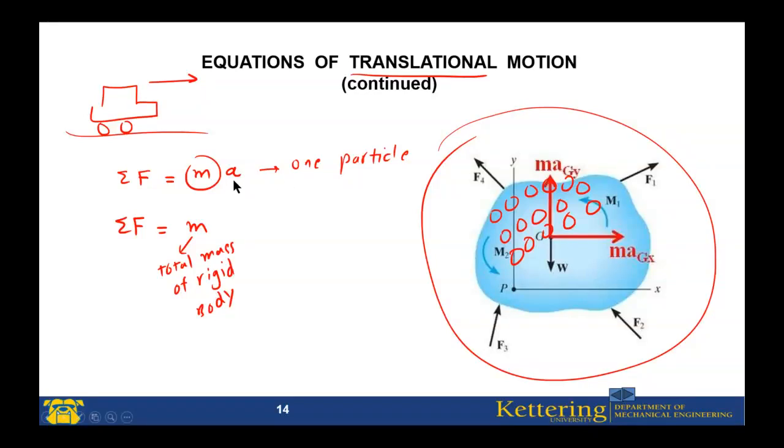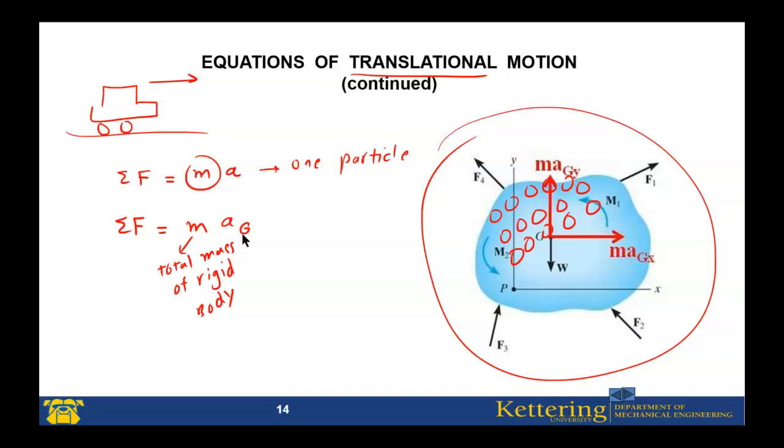Instead of considering the acceleration of each of these particles, we will apply the acceleration at the center of the mass. Instead of applying it to each of the particles, I will apply this acceleration at the center of mass, or acceleration at G.